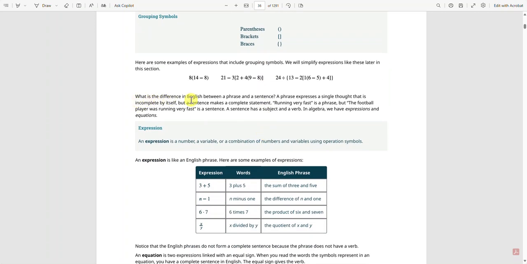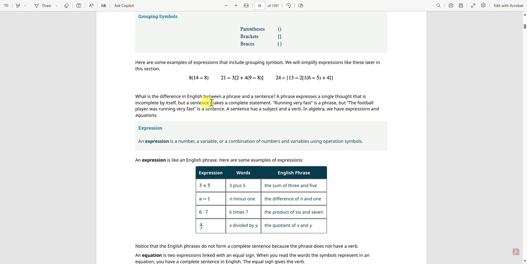What is the difference in English between a phrase and a sentence? What's the difference between a phrase and a sentence? A phrase expresses a single thought that is incomplete by itself. Incomplete by itself. That's what makes it a phrase. It's a single thought, but it's not a complete thought.